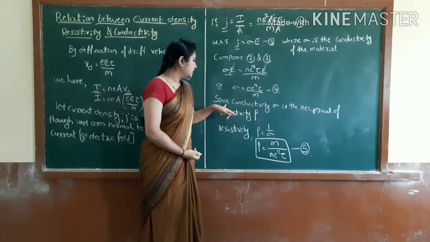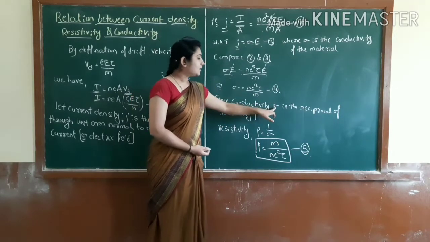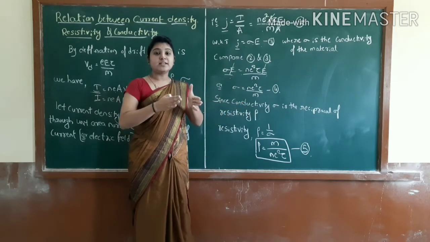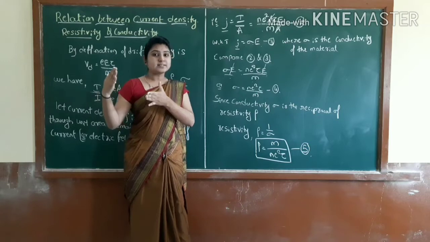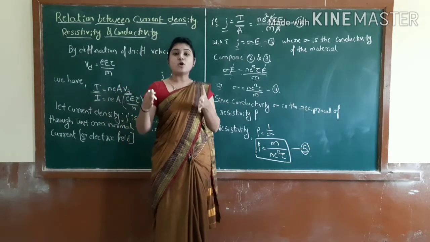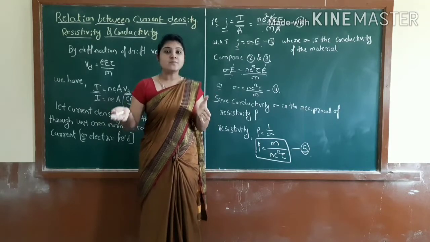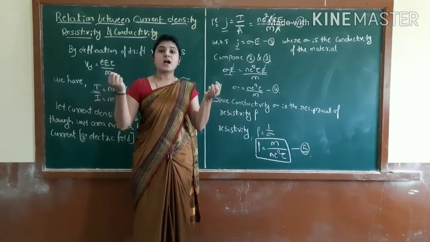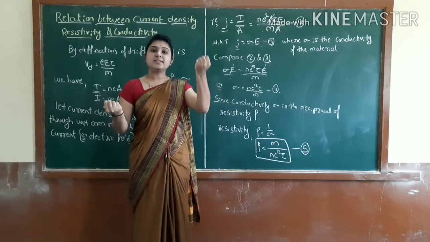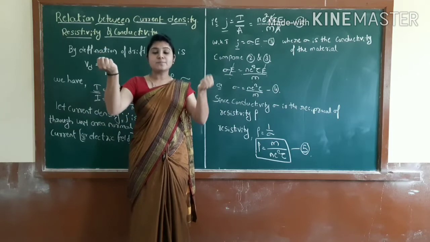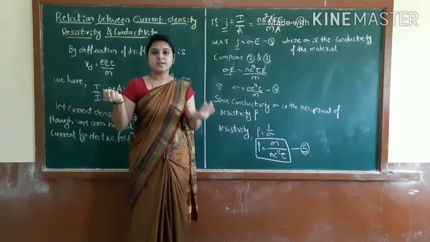Then, here we established the relationship between the conductivity and the current density. Now we know that conductivity is always the reciprocal of the resistivity. Resistance and conductance are opposite. If the resistance increases, conductivity decreases. If the conductivity increases, resistivity will start to decrease.